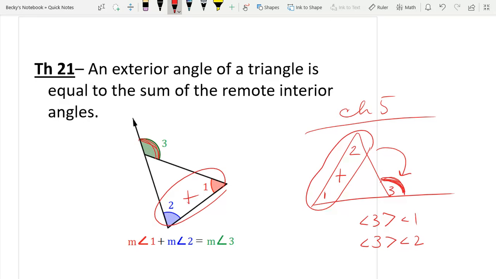And yeah, it's theorem 12. Theorem 12 is the exterior angle theorem. The exterior angle of a triangle is greater than either of the remote interiors. So they are different. They're talking about kind of a lot of the same things, but again, you have to know what's on your theorem sheet and you have to know how to apply it to the situation.